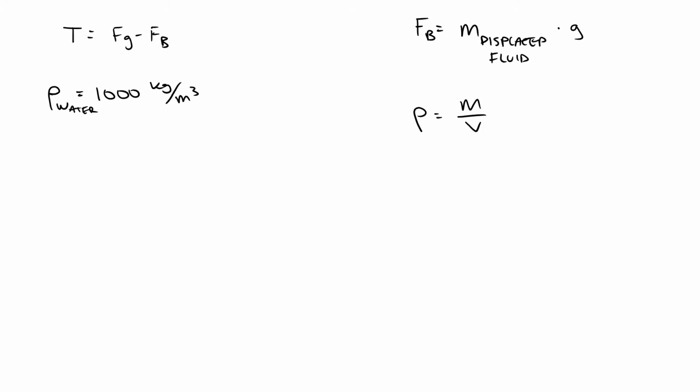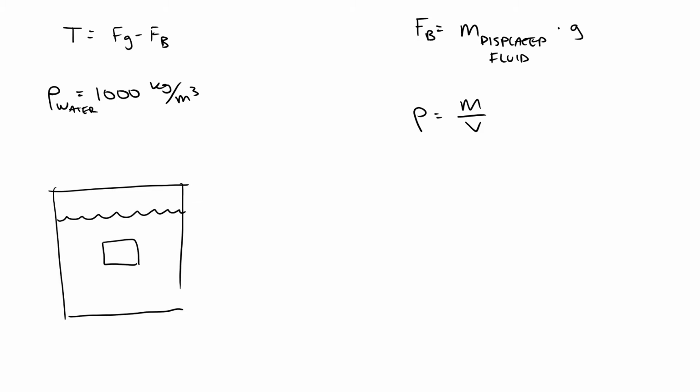So that means I can use that density that they already gave me. I know that the cube is going to displace its own volume of water. So we have that jar. So if I put an object in the water, water is going to be displaced by however much material is in it. So we have that volume.